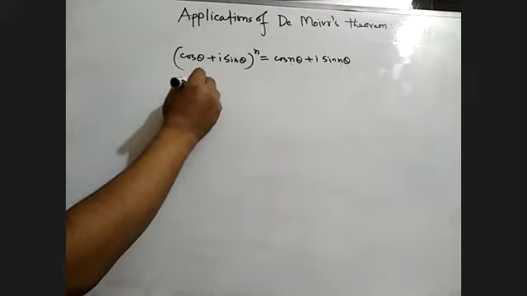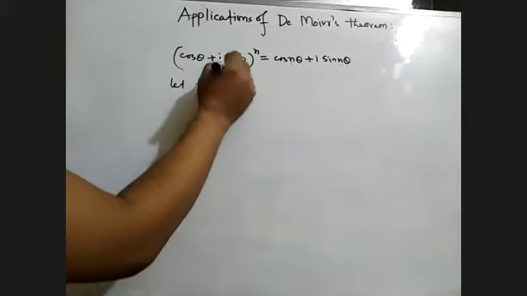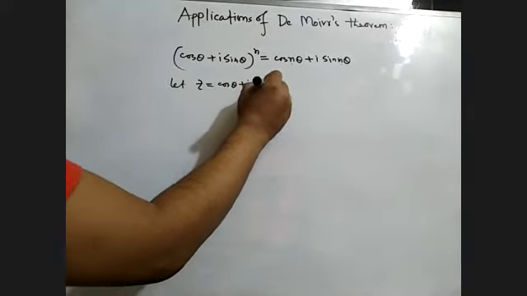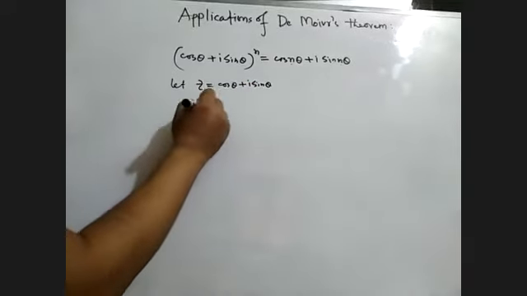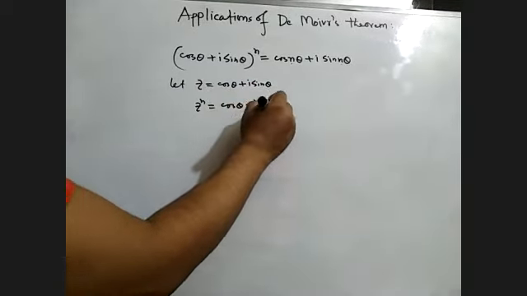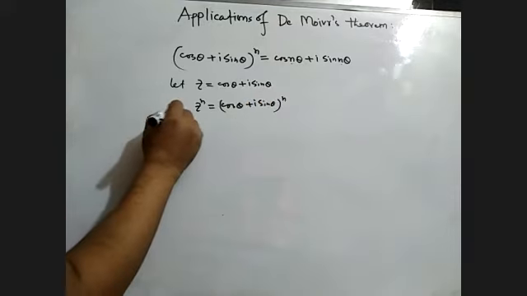Let z equal the polar form of a complex number, cos theta + i sin theta. Then z to the power n is (cos theta + i sin theta) to the power n.